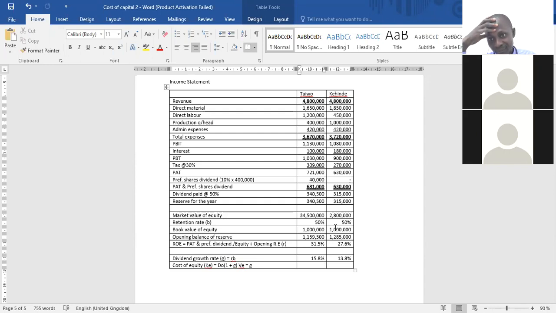If you are using dividend per share, then you use market value per share as well. When we are using total dividend, it has to go with total market value. When we are using dividend per share, it has to go with market value per share. Did you understand? Yes, sir. Okay, let us continue.